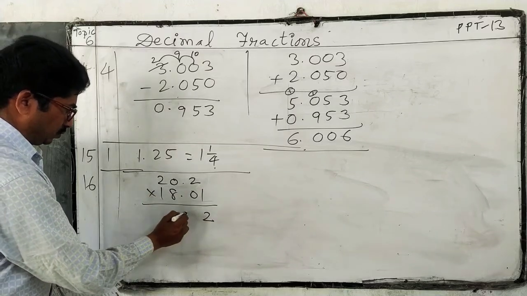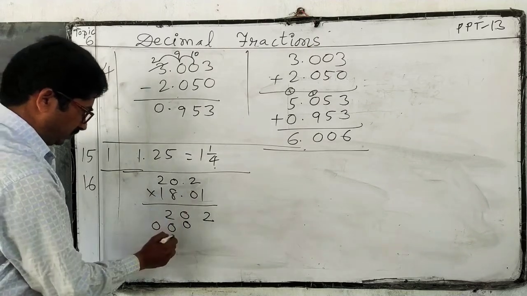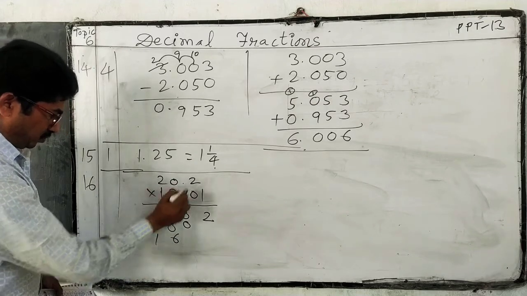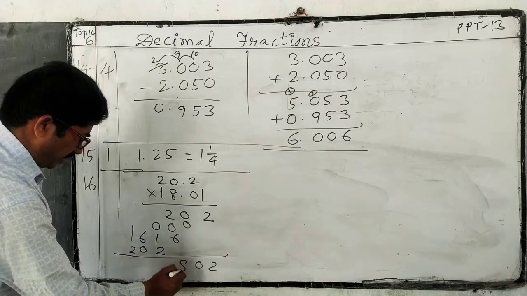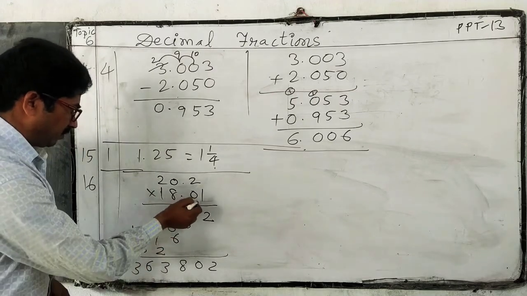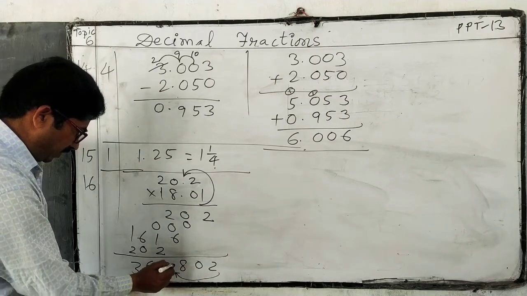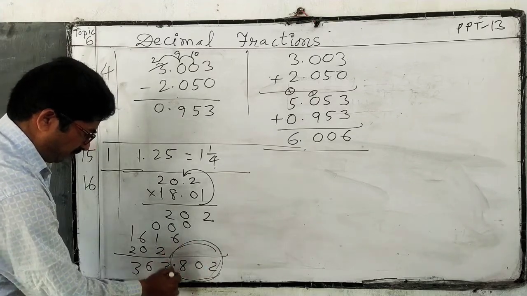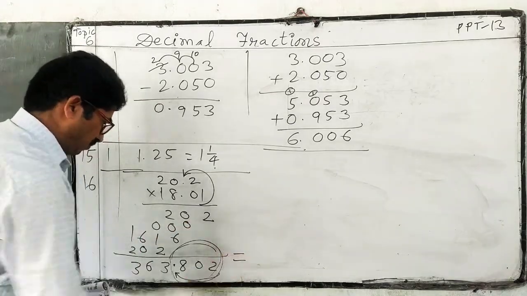After multiplying, we have to keep the decimal point here. Without the decimal part, we have to delete this decimal part. Before deleting the decimal part, we have to round this to a whole number.